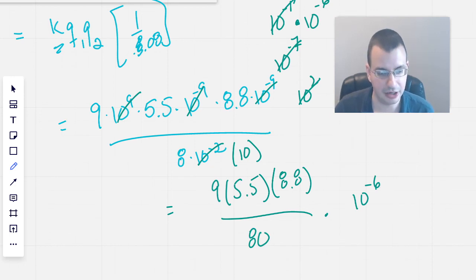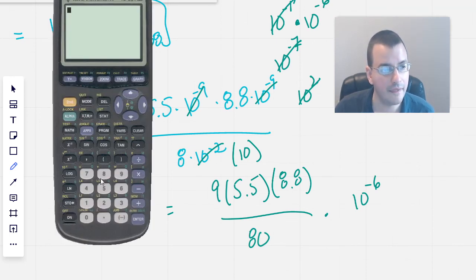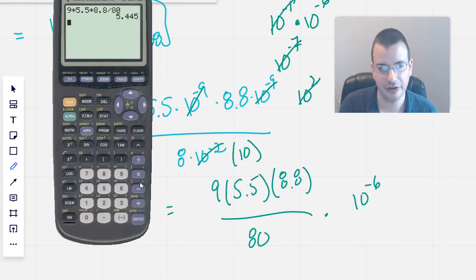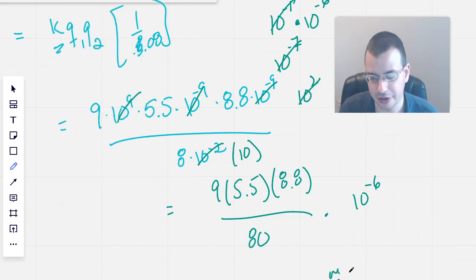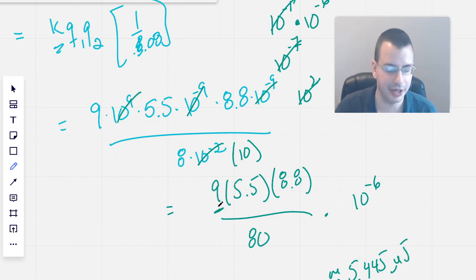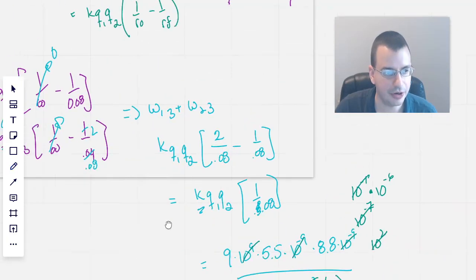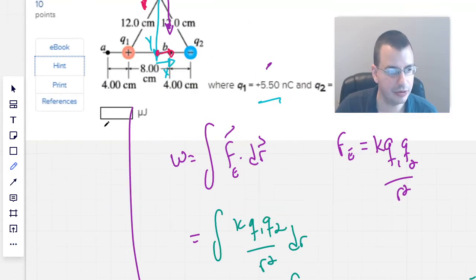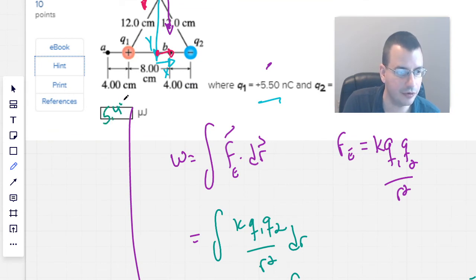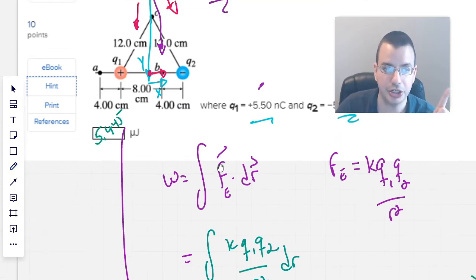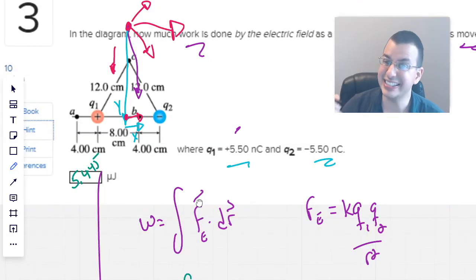So now, get the calculator, on, clear, 9 times 5.5 times 8.8 divided by 80, about 5.445 microjoules. It's going to be a little bit different because I used 9 instead of 8.99, but same idea, 5.445. Now I want to check real quick to make sure I'm correct on the sign.